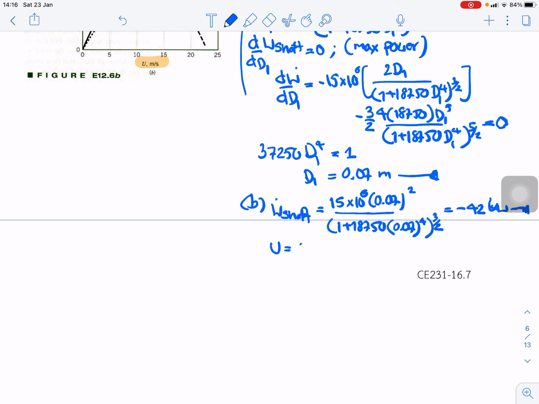U is equal to omega times radius, equal to V1 divided by 2. Omega is equal to V1 divided by 2R.